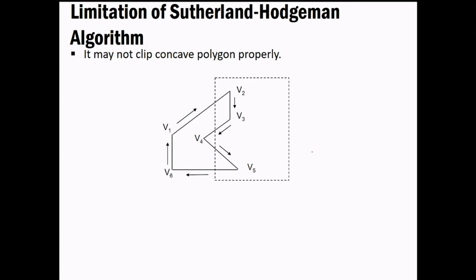As I said in yesterday's lecture, you would get some sort of shape where your clipped polygon would be joined. The ultimate goal is to get the properly clipped part, but what we are getting is that the in-between line is also displayed. You don't want this condition, so that's why it may not be able to clip it properly.